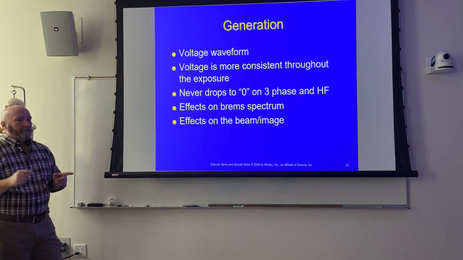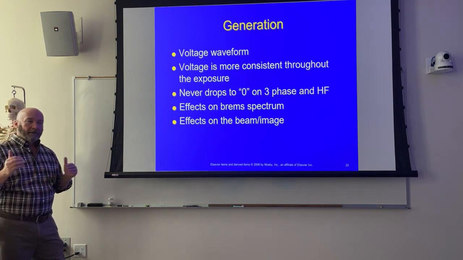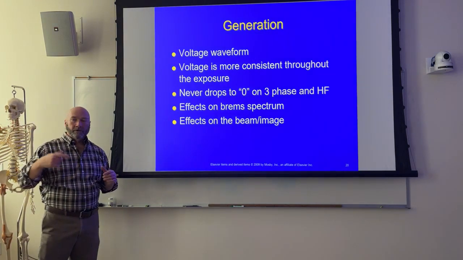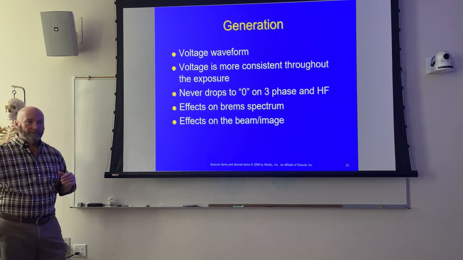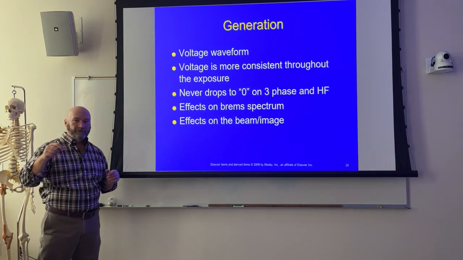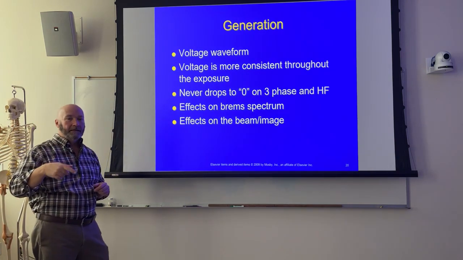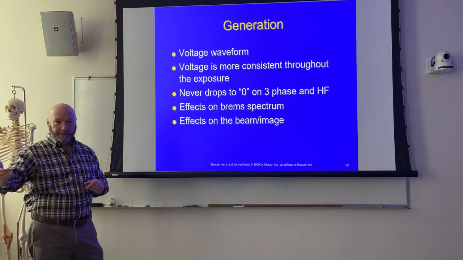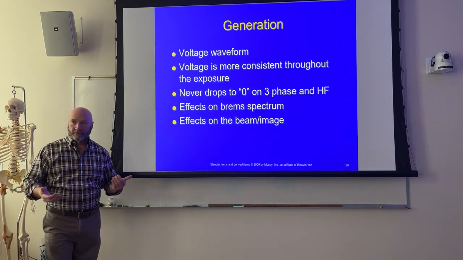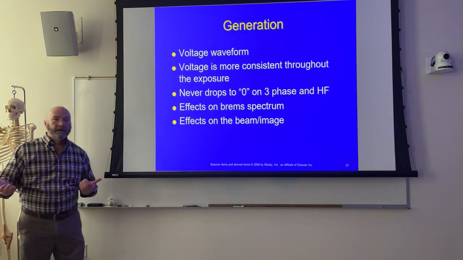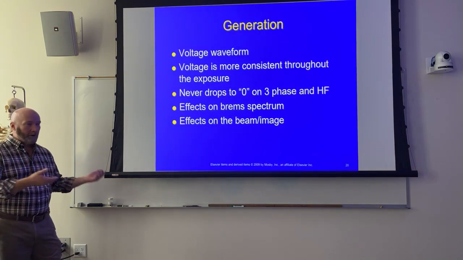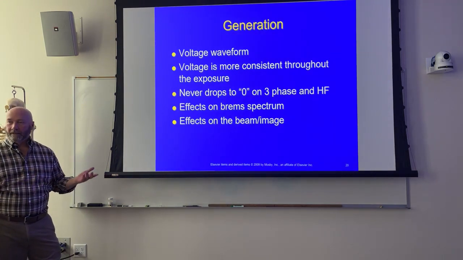So what that means to the image and really the X-ray beam is an increase in output with each one of those, right? But once we get to three phase, we're going to have an increase in average beam energy. Voltage never drops to zero with three phase and high frequency. And what that means is, again, we go back to the test grade analogy.